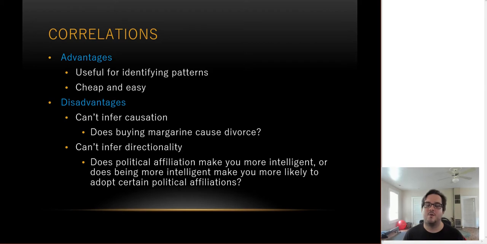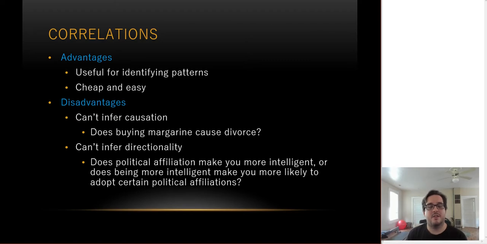Now, again, we can't infer causation. There may be nothing about being a Republican that makes you less intelligent, or anything about being a Democrat that makes you more intelligent. The other thing we can't infer is what's driving this. Let's say that this association were true, that one is causing the other. We have two possibilities.